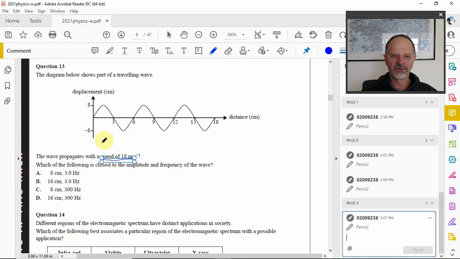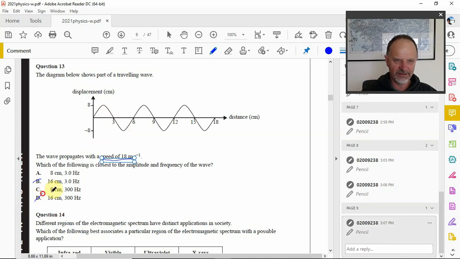So our amplitude is 8, so then we get rid of B and we get rid of D. And the next one is what is the frequency. So what we know is v equals lambda f, and we know v is 18, and we need to look at what our wavelength is.